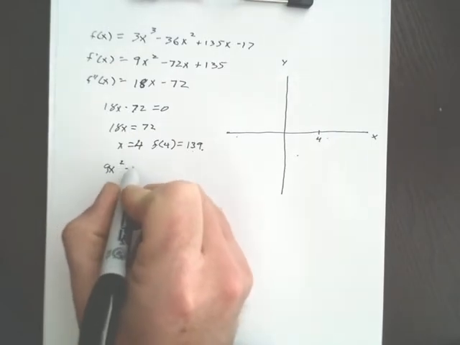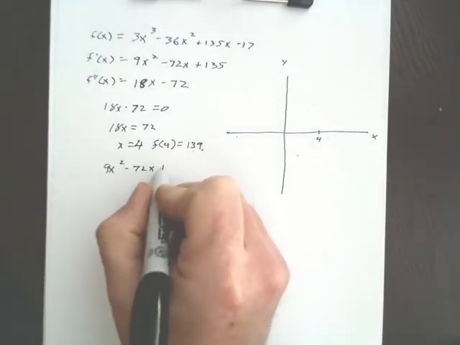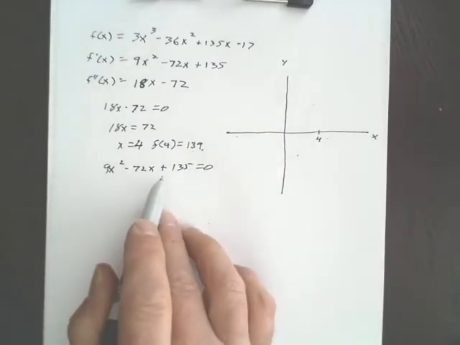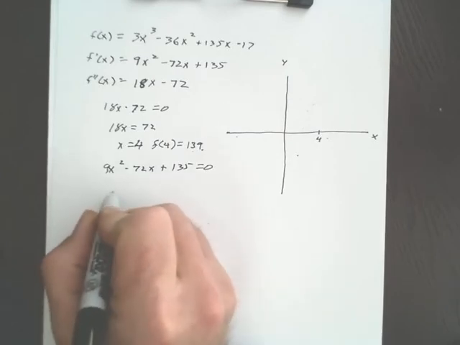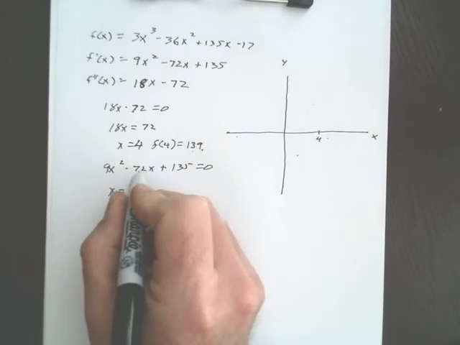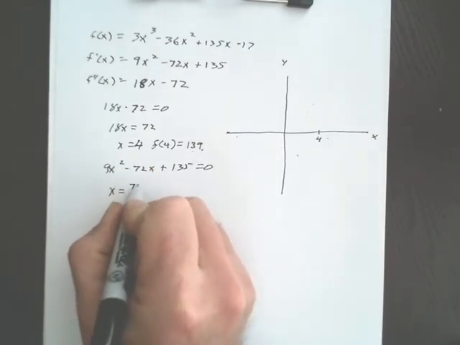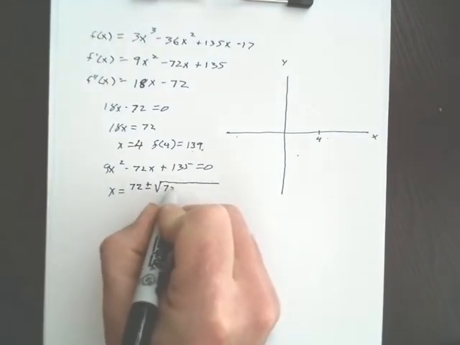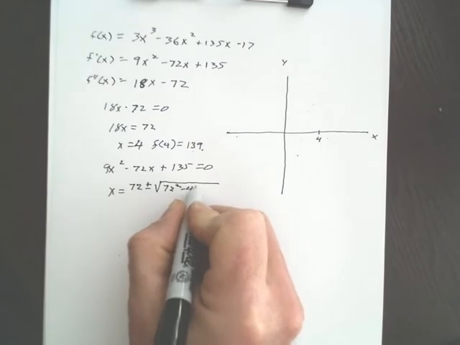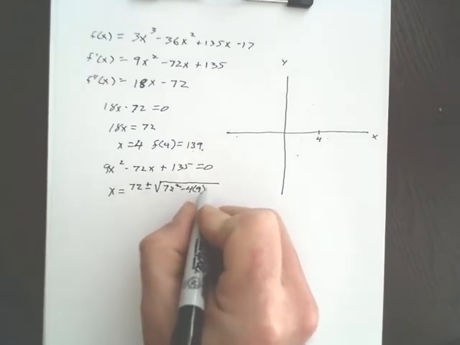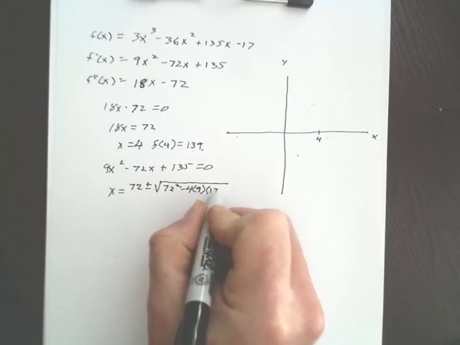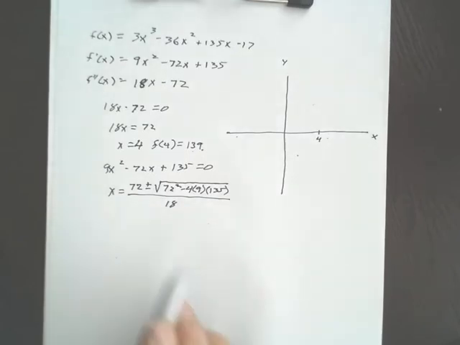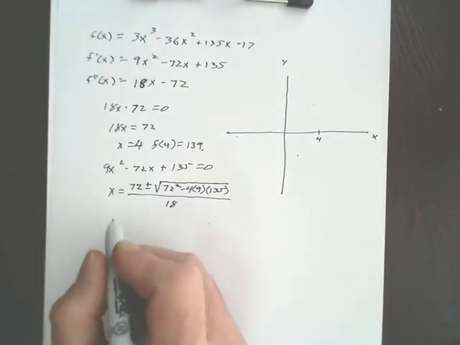Setting 9x squared minus 72x plus 135 equal to 0, we can break out our quadratic formula for that, right? So that gives us x equal to negative b, which would be 72, plus or minus the square root of 72 squared minus 4 times 9 times 135, all divided by 18, 2 times 9.